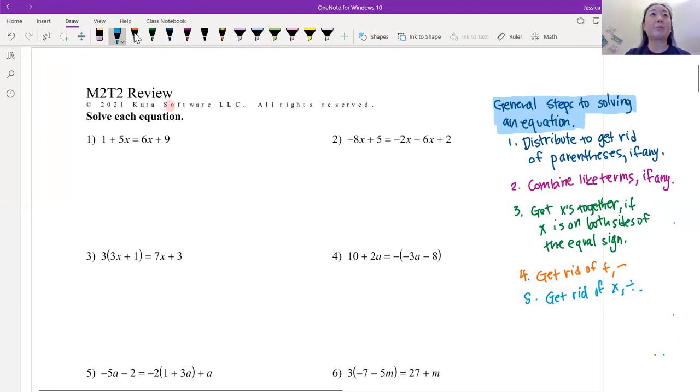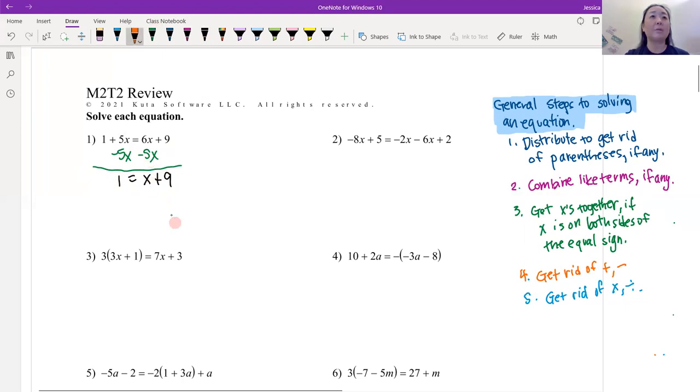All right, so we don't have a like term to combine, so we're going to go green. And we're going to go minus 5x, minus 5x. And then we get our answer of 1 is equal to x plus 9. Now we have the x by itself, and then it says get rid of the plus or minus. So that's what we're going to do.